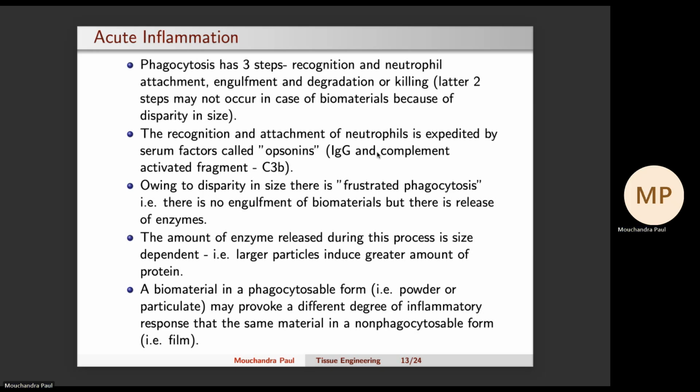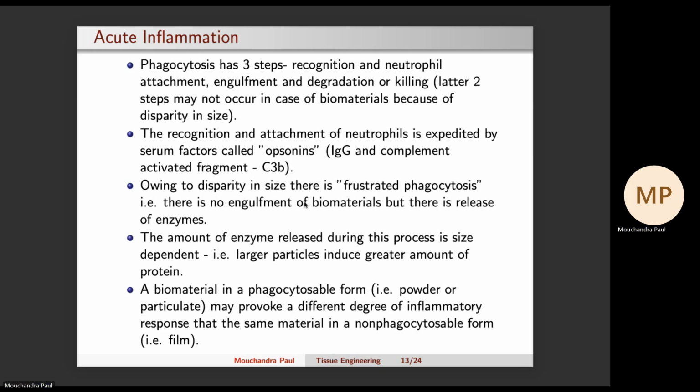These two components create opsonins, and they are present in our serum. These opsonins help in the recognition part. Neutrophils themselves are not recognizing; they take help of opsonins for recognition. Once they are told that this is foreign, they are able to attach to it and do the further steps.